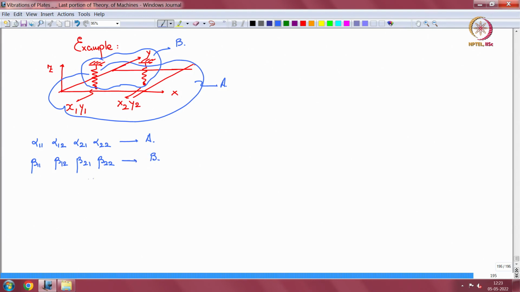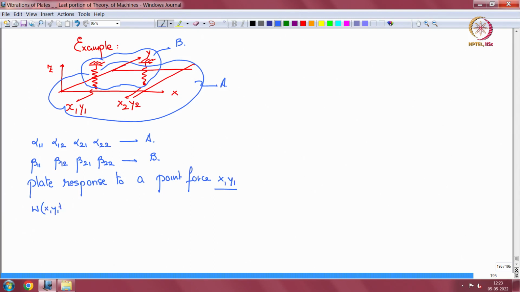So, without restarting the whole thing, the plate response to a point force. Let us say a point force at x1 y1, what is the plate response?